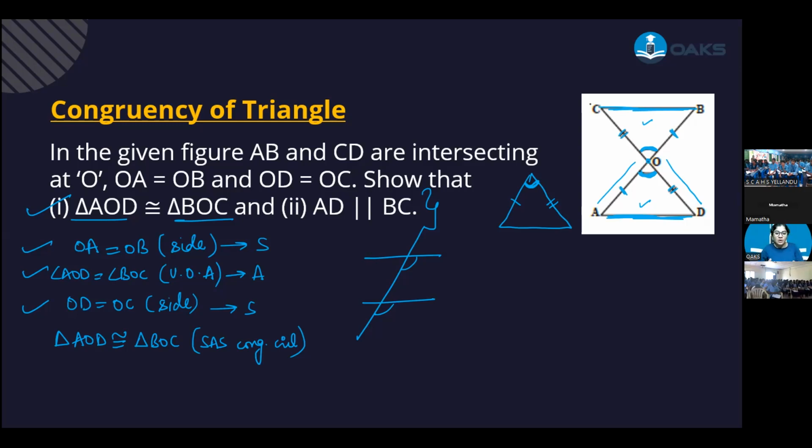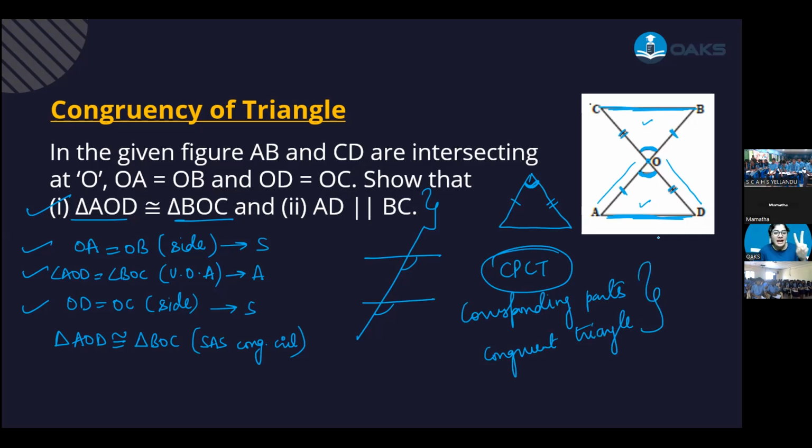Right? So now, with the help of CPCT, let me tell you what CPCT is. It is corresponding parts of congruent triangles. That means if two triangles are congruent, the other sides and the angles are equal.